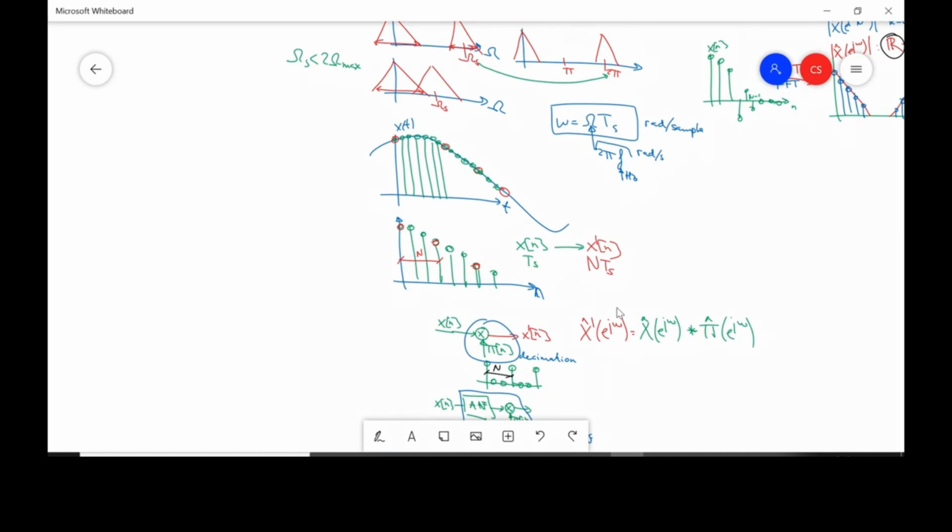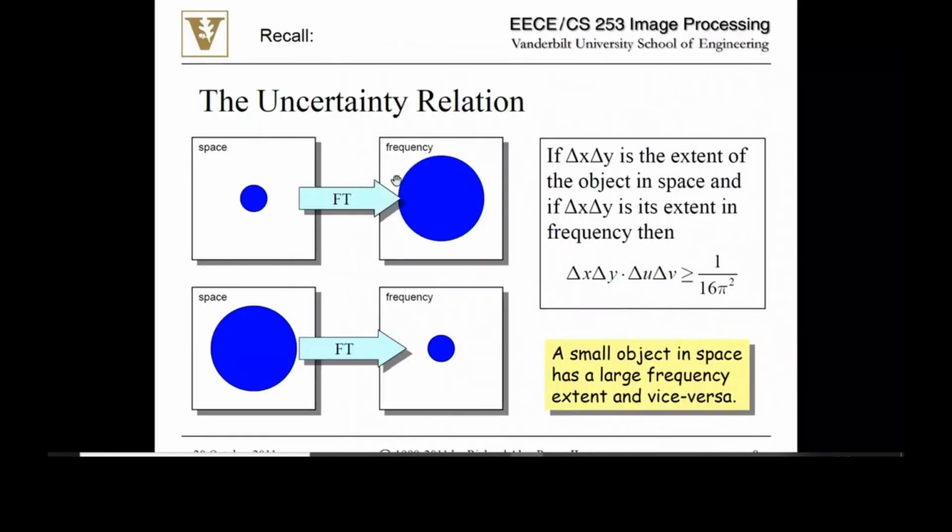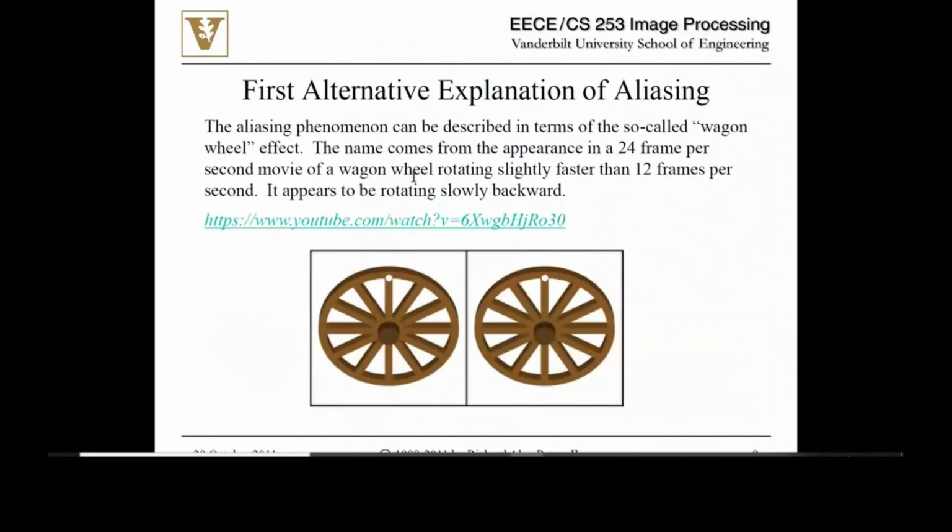Which one requires more samples? The green one. The green one is wider in real space. So which one is narrower in Fourier space? The green one. So the spectrum of the green is narrower than the spectrum of the red.